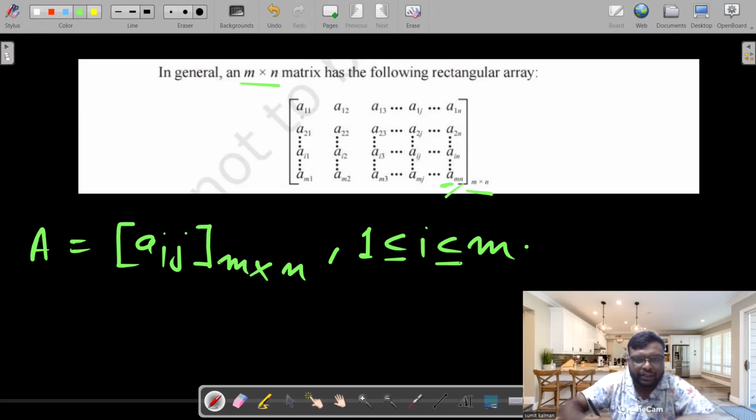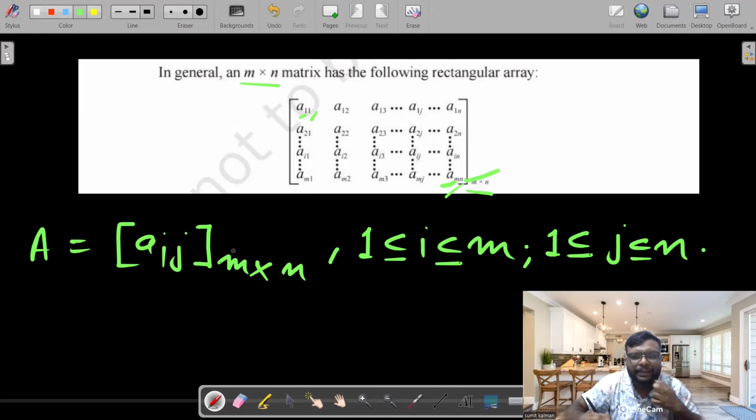See, the value of i is going 1 to m, and the value of j is between 1 to n. Just see here, 1 to n, and the order of this matrix is m cross n, means total rows is m and total column is n.